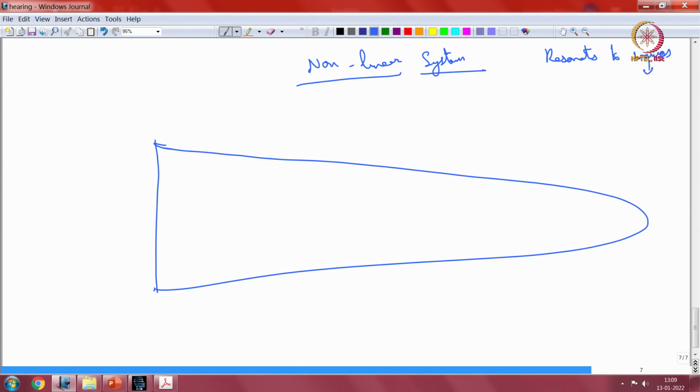Now where did this wave come from? The wave came from the Scala vestibuli, which is coming from the oval window, which is coming from the stapes, and then from the tympanic membrane.